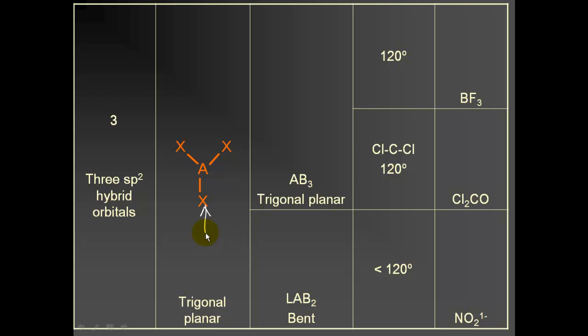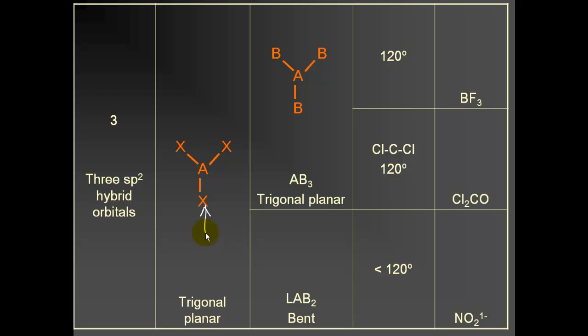So looking at molecular geometry, if we have all three terminal atoms as actual bonded elements, then you're going to have a trigonal planar molecular geometry as well. So in this instance, the electron domain geometry and the molecular geometry will be the same.